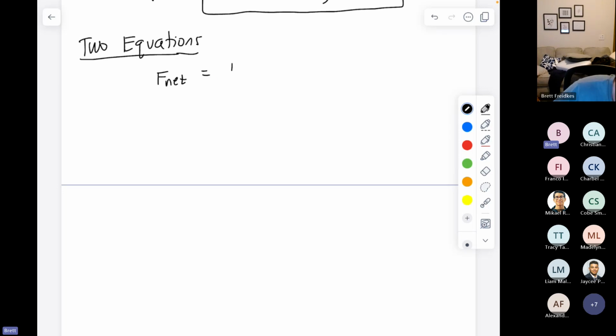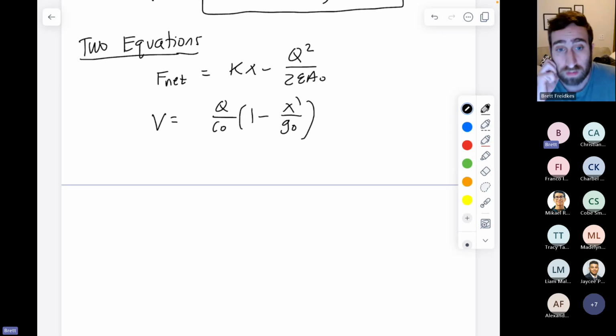Our net force was Kx minus Q squared over 2 epsilon A naught. And our voltage was Q over C naught, times 1 minus x prime over G naught.